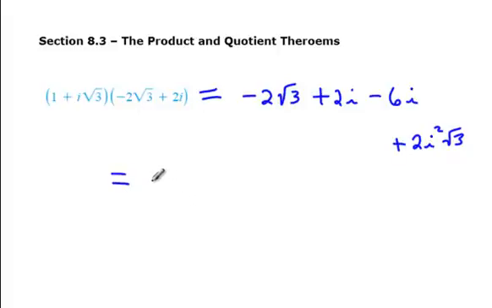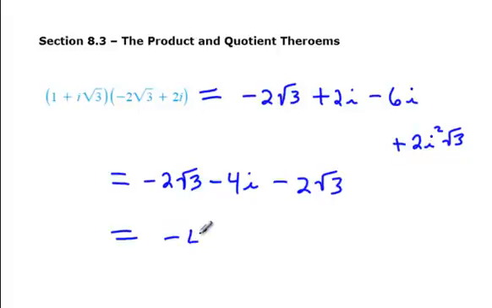So what we currently have, negative 2 root 3, 2i and negative 6i make negative 4i. And this i squared becoming a negative 1 creates a negative 2 root 3. So one more like term to combine: negative 2 root 3 and negative 2 root 3 make negative 4 root 3.